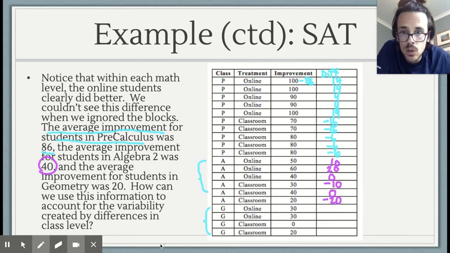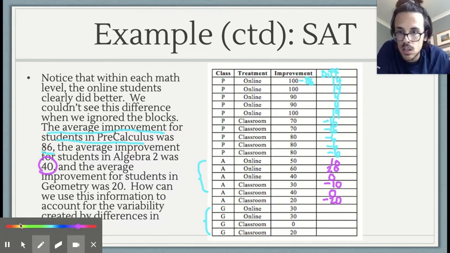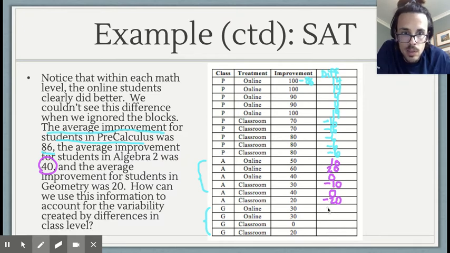And then with the Geo kids, I should change colors again. I'm going to have 20 points subtracted off from each of them. This is going to end up being a 10, a 10, a 0, that's negative 20, and a 0.